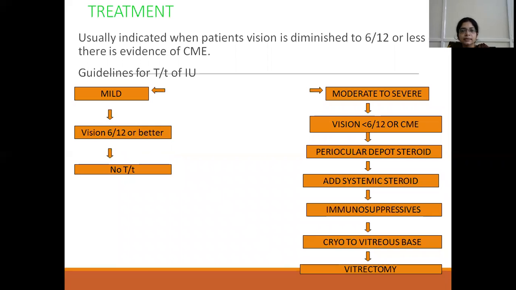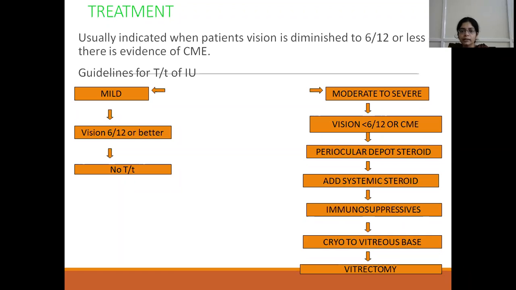Treatment: there is a specific approach known as Kaplan's approach for treatment. It is a four-pronged approach. Usually in mild cases, no treatment is required, but in severe cases, the first level of treatment would be periocular depot steroid, where triamcinolone acetonide is most commonly injected in a posterior subtenon's manner, and then systemic steroids can be substituted.